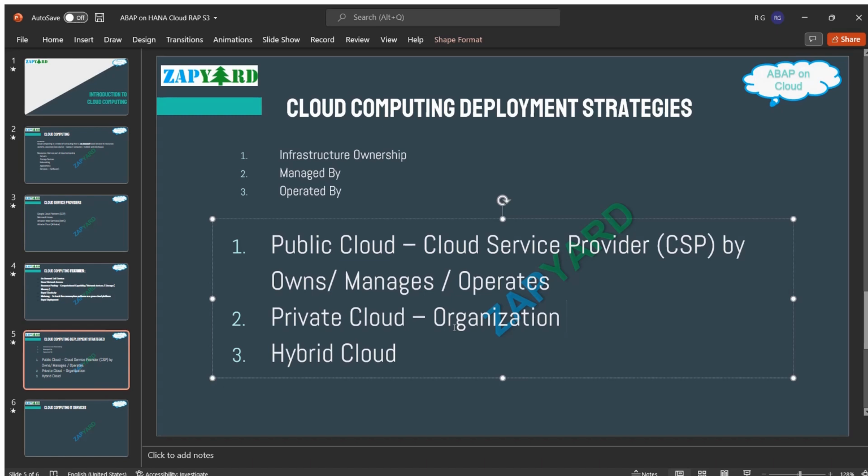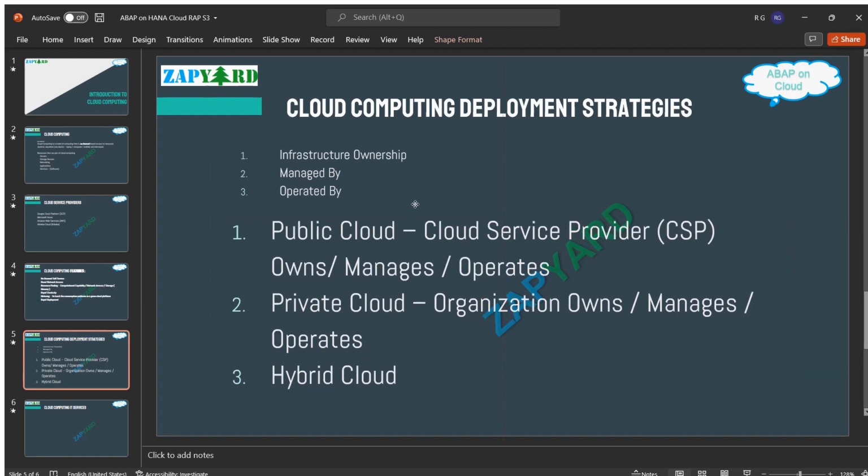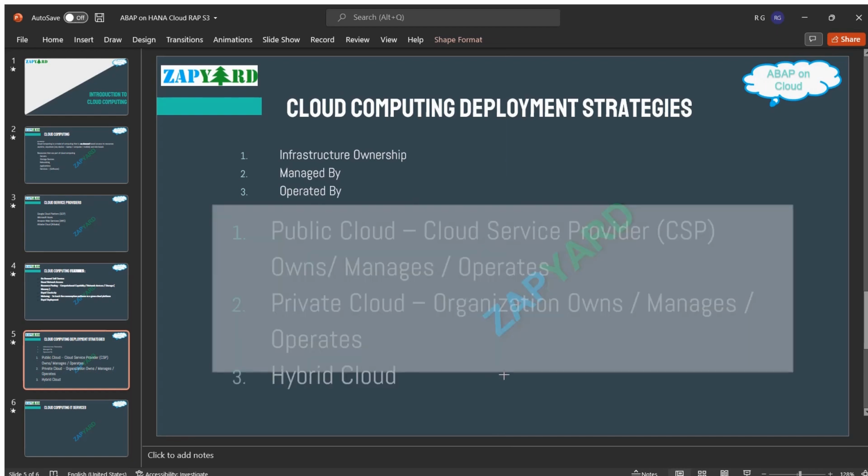So the organization owns, manages, and operates. So this is the second deployment strategy present in the cloud deployment.